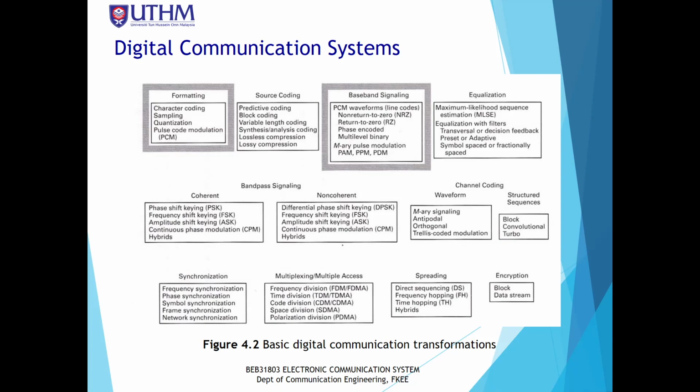In formatting, you will learn about sampling, quantization, and also the encoding process. For source coding, there are predictive coding, block coding, and variable length coding. We will not learn about this. This chapter will focus on formatting, and then baseband signaling.